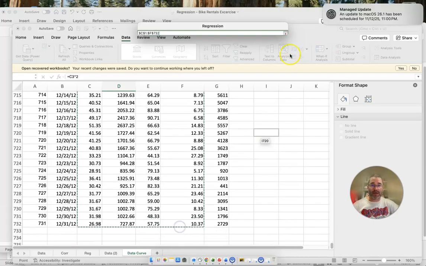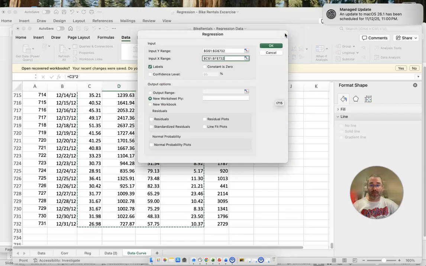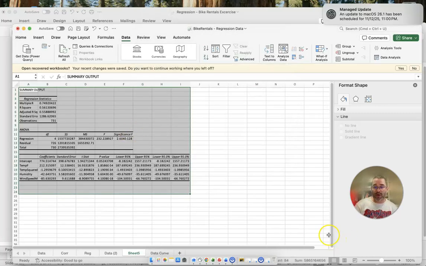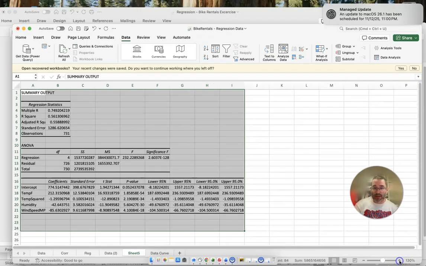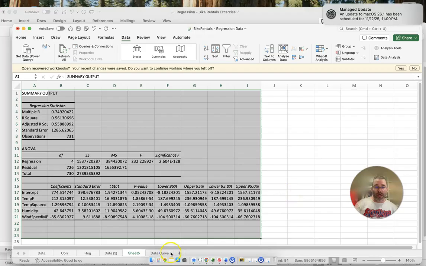And now I have everything I need to see if this data is better analyzed using a curvilinear line rather than a straight or linear line. Okay, labels is selected, and we'll put that in a new worksheet ply. And so here's my new regression. Sorry, that's so small. Let's make that a bit bigger. Okay, and I might name this regression curved.